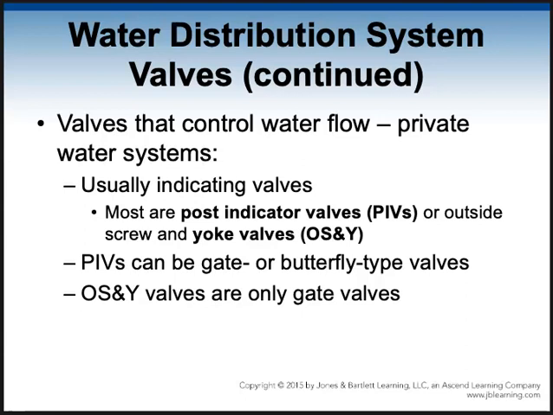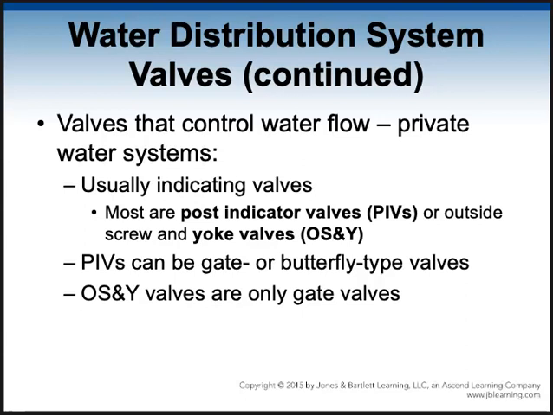So wherever we can, we want to use indicating valves, so firefighters or maintenance personnel can just look at the valve and see, is it open or is it shut? So a post indicator valve is a great example of that. A post indicator valve has a little window on it, and it'll either say open or shut. So when you turn the nut, it also turns this little sign that says open or shut.